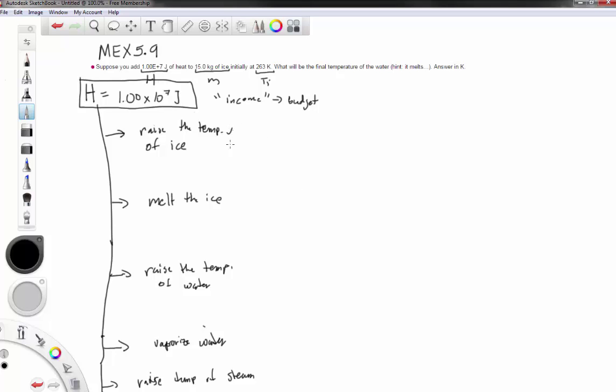So let's see how much each one of these things costs. And again, there's a sort of fixed amount that each of these things is going to cost that's determined by how much mass there is and how much you're going to be changing the temperature.